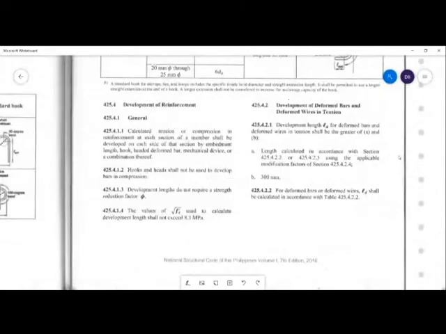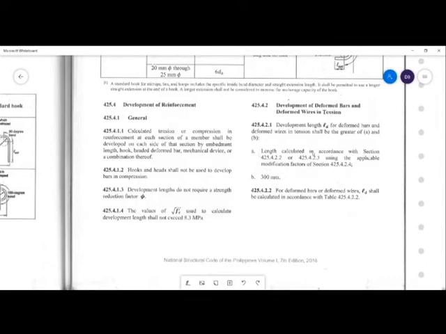Development length for deformed bars in tension shall be the greater of A and B. A: the length calculated in accordance with 425.4.2.2 and 425.4.2.3 using the applicable modification factors from 425.4.2.4, and B: 300 millimeter.